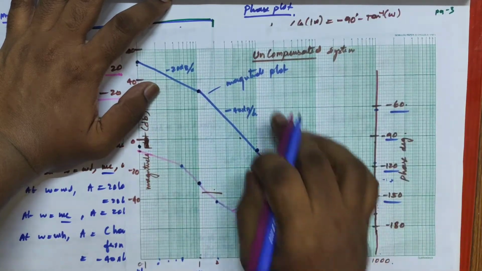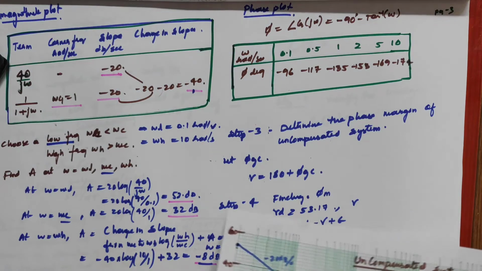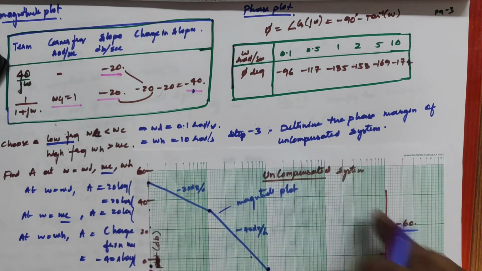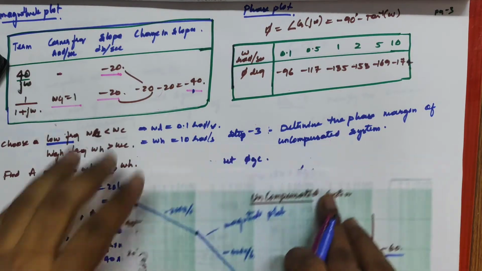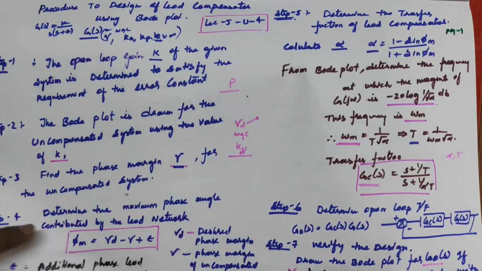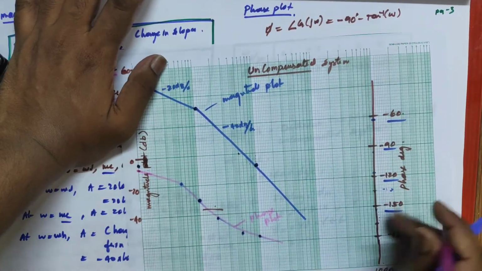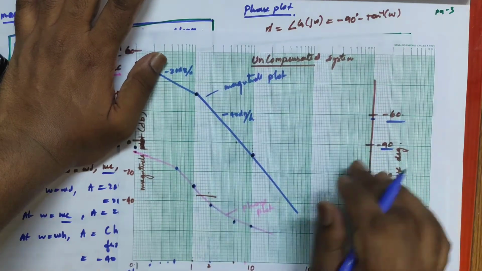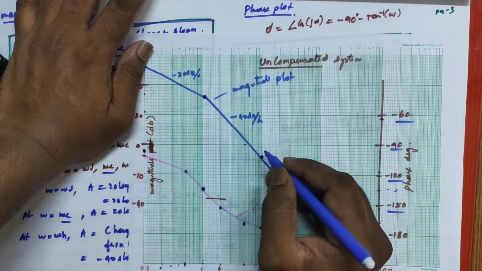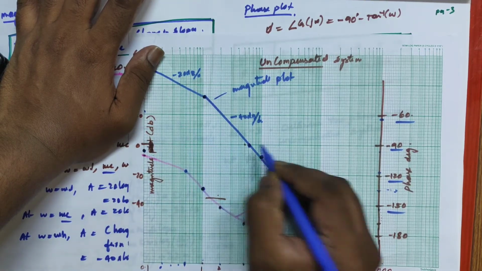And this is the magnitude plot. Now we have to determine the phase margin of the uncompensated system. So the third part is finding the phase margin of the uncompensated system. To get the phase margin, we have to go through the gain crossover frequency, where the magnitude crosses 0 dB.